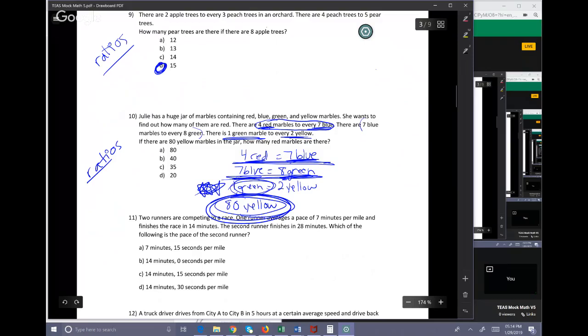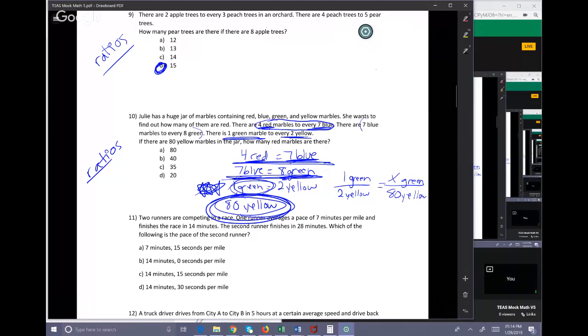So if I have 1 green to every 2 yellow, that is my given side of my proportion. I can then set that equal. 80 is the one that's on the bottom in my proportion, so I need to make sure yellow stays down on the bottom. In this particular case, what I don't know is how many green, and that happens to be the top number.